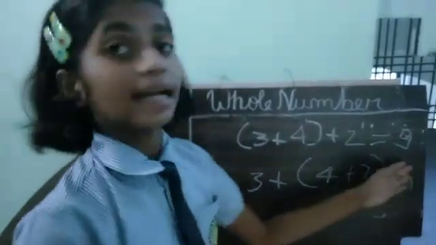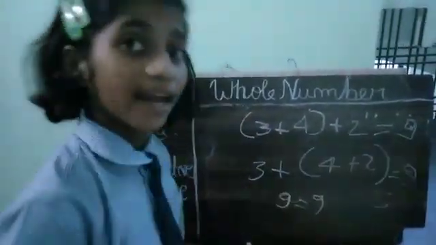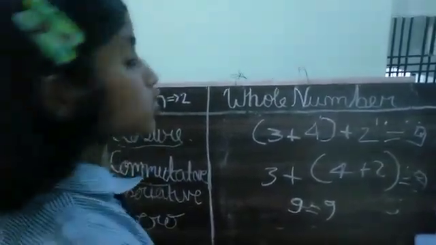You are seeing that 9 and 9 both are equal. This is the associative property.